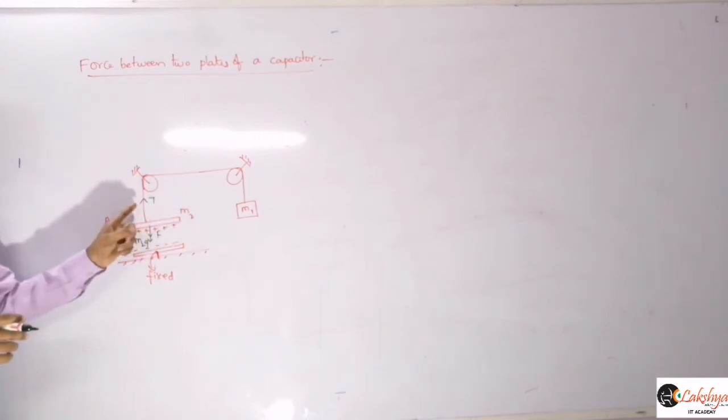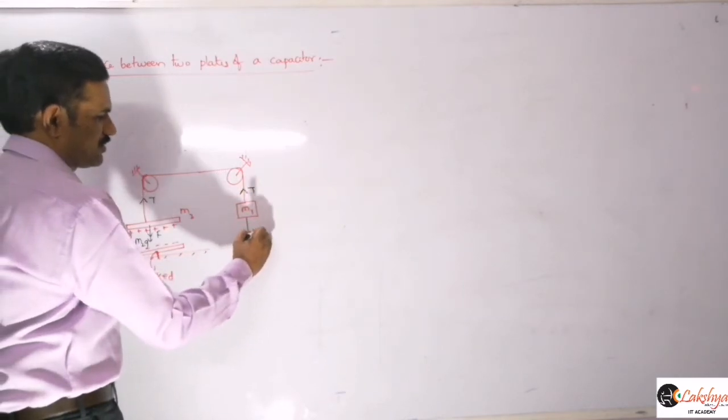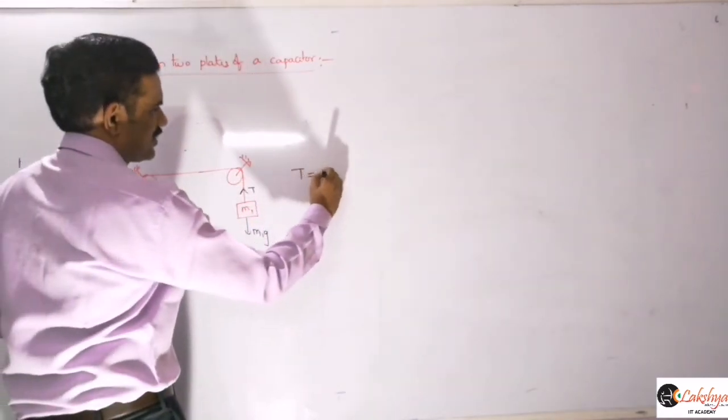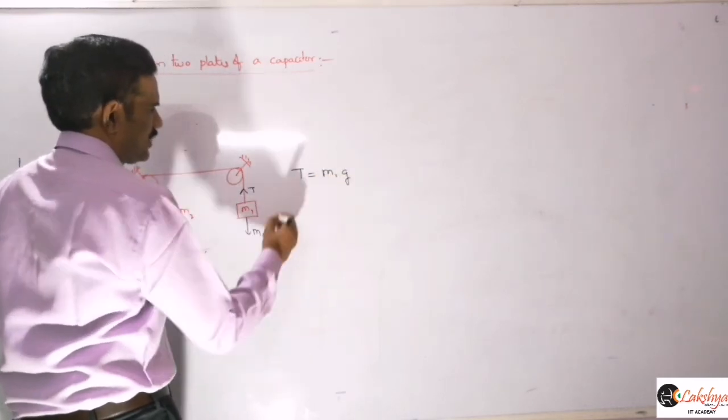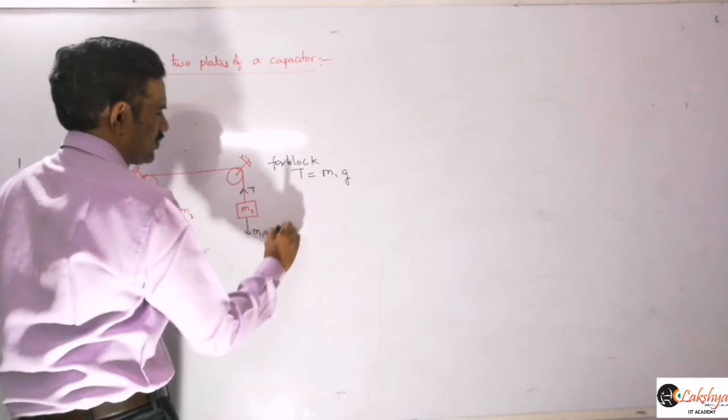The tension acting in the string is nothing but M1G. So you can write T is equal to M1G. This is for the block.